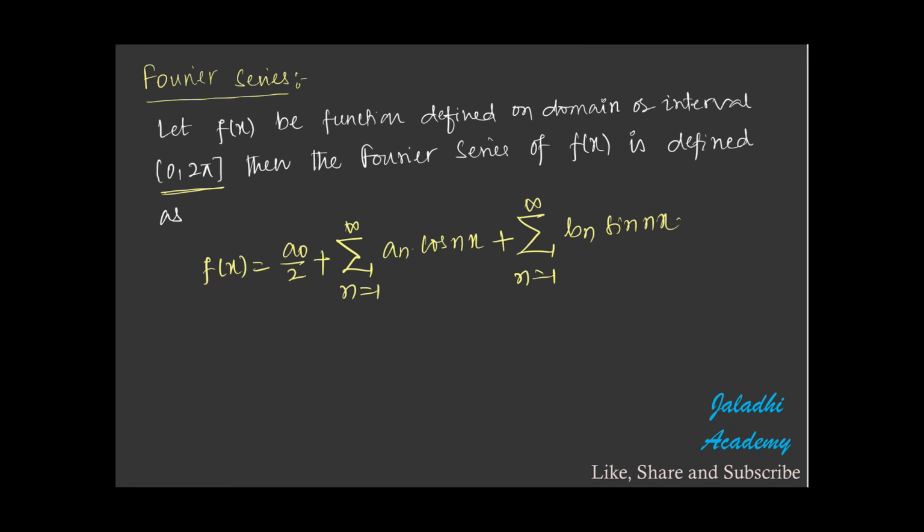Next, if we observe, this is the series expansion of three functions. We can write this as a naught by 2 into 1 plus summation n runs from 1 to infinity a n into cos nx plus summation n runs from 1 to infinity bn into sin nx.